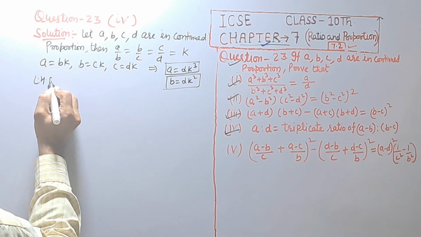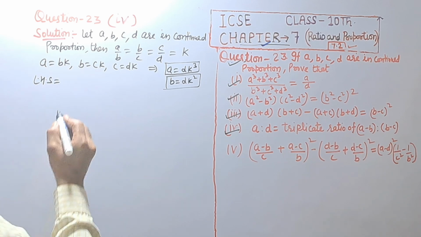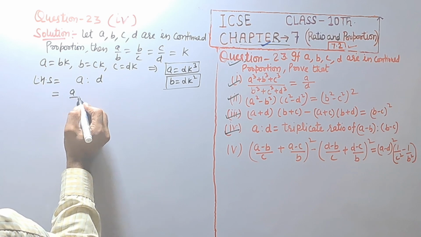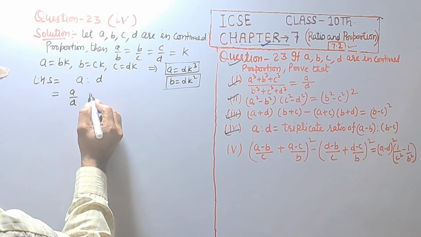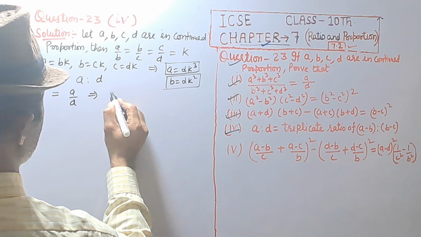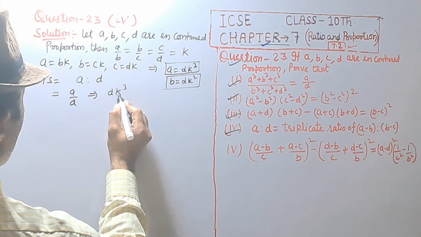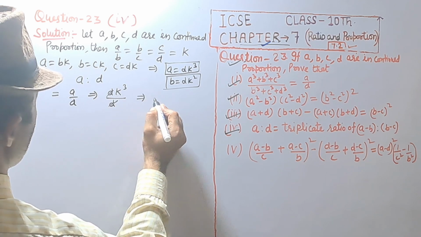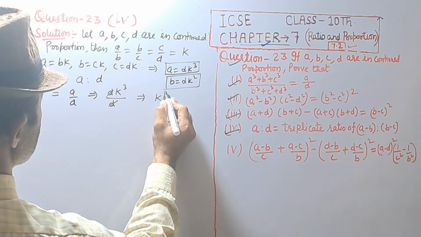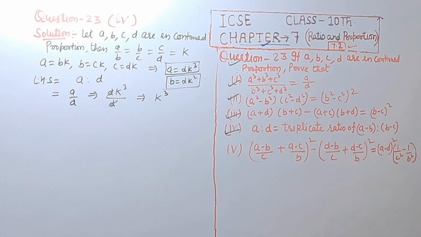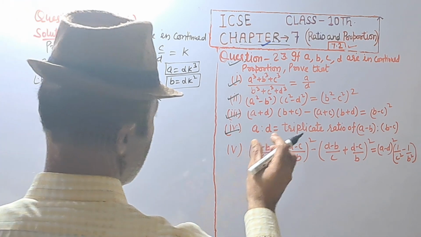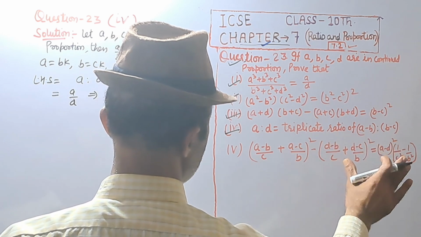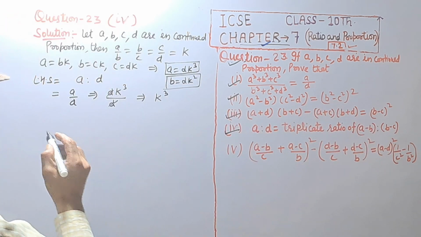Taking left hand side, that is a ratio d, that is a upon d, which implies a is equal to dk raised to power 3 upon d. This d is cancelled, so we get left hand side is equal to k raised to power 3, and it's equal to triplicate ratio of a minus b ratio b minus c.